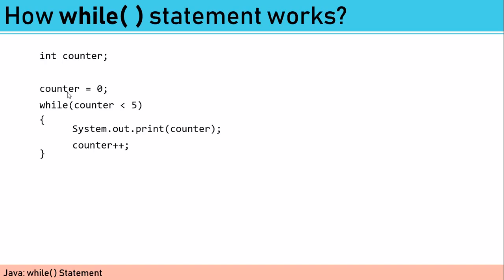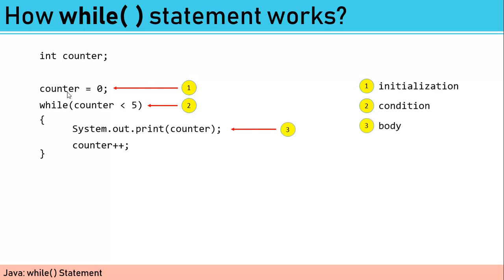You always know that the start of the execution begins in your initialization, followed by your condition, and then followed by the body. I repeat, for your body statements, you can include one up to many lines of code, but of course you need a minimum of one statement.